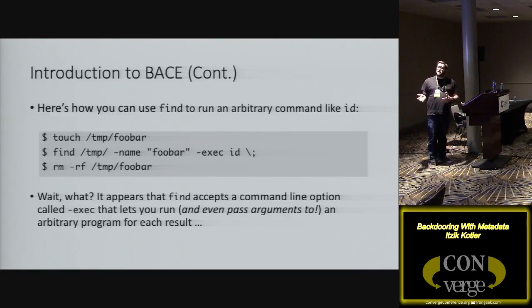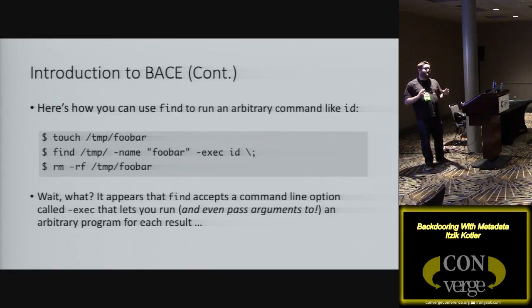I then initiate the find command, which asks find to find in temp any files called foobar, and then I add the -exec id, and then there is a certain delimiter that is required to help find understand it's the end of the command, and then the result will be that find would actually run the command id.